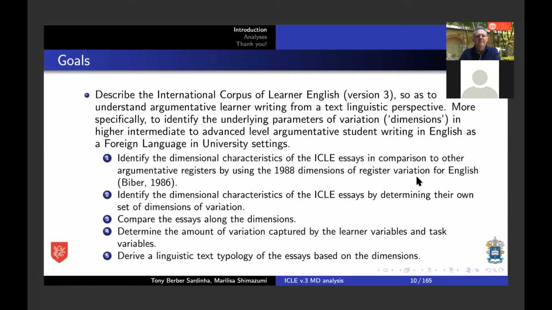So the specific goals: identify the dimensional characteristics of the ICLE essays in comparison to other argumentative registers, identify the dimensional characteristics of the ICLE essays by determining their own set of dimensions of variation, and compare the essays along the dimensions, and then determine the amount of variation captured by the learner variables and task variables, and also derive the linguistic typology, text typology of those essays.